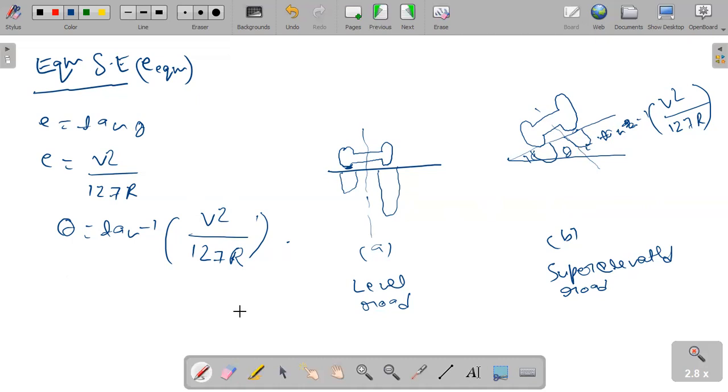And again, E equilibrium is equal to v square by gr, where v is in meter per second.